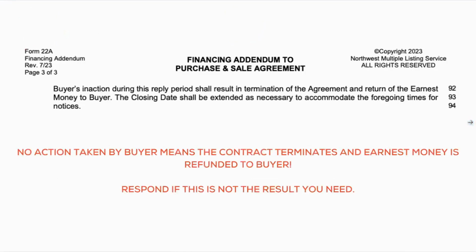If the buyer chooses to take no action after they've given notice, so they have to have given the 22AN for the low appraisal, sellers responding with however they choose to respond, and buyer just doesn't respond, then the default in our contracts says that there's an automatic termination of the purchase and sale agreement, and the earnest money goes back to the buyer.